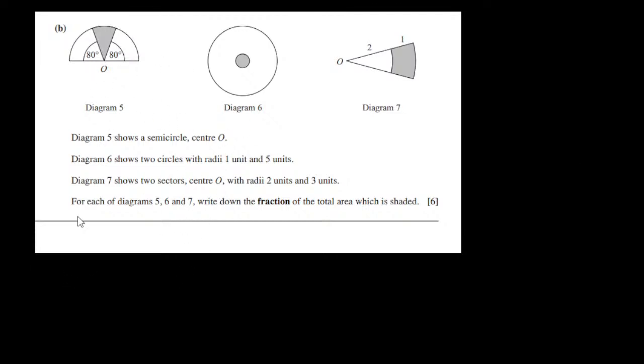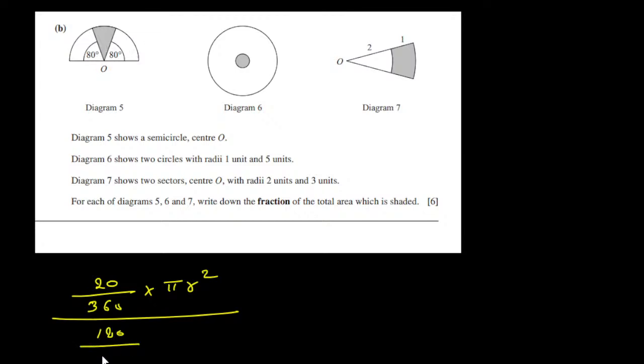Now for the first one, here the angles are 80 and 80, so the angle in between will be 20 only. So the shaded part will be 20 divided by 360 multiplied by pi r square. And the total area is 180 divided by 360 times pi r square.